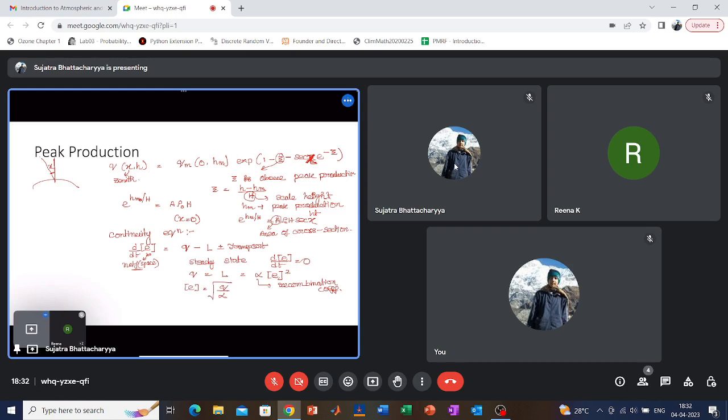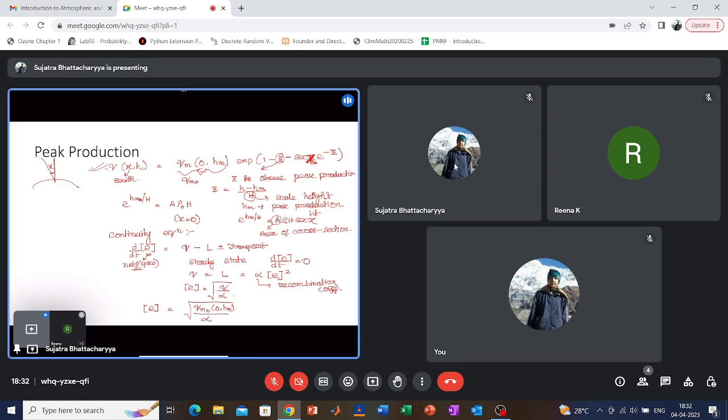Now, if we have to write the Q in this expression, then we can write that the electron concentration will be equal to the root of Qm0, which I write for the zero zenith angle, divided by alpha.